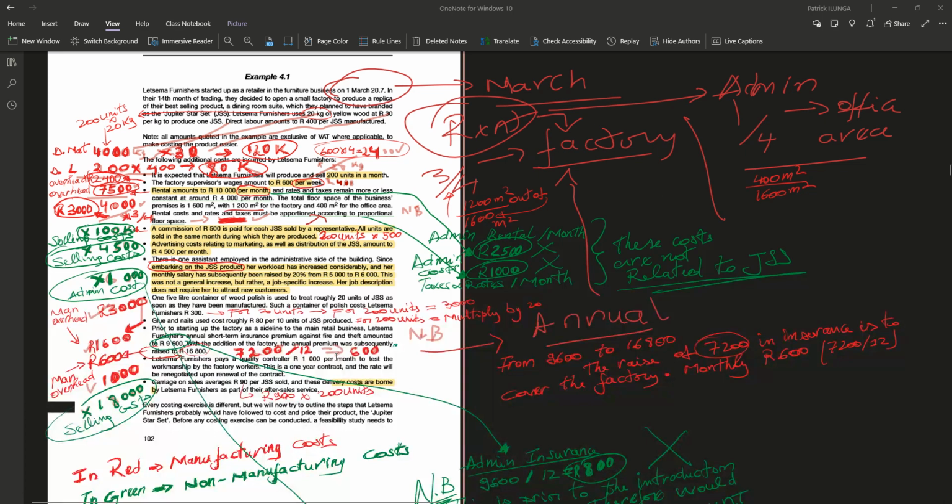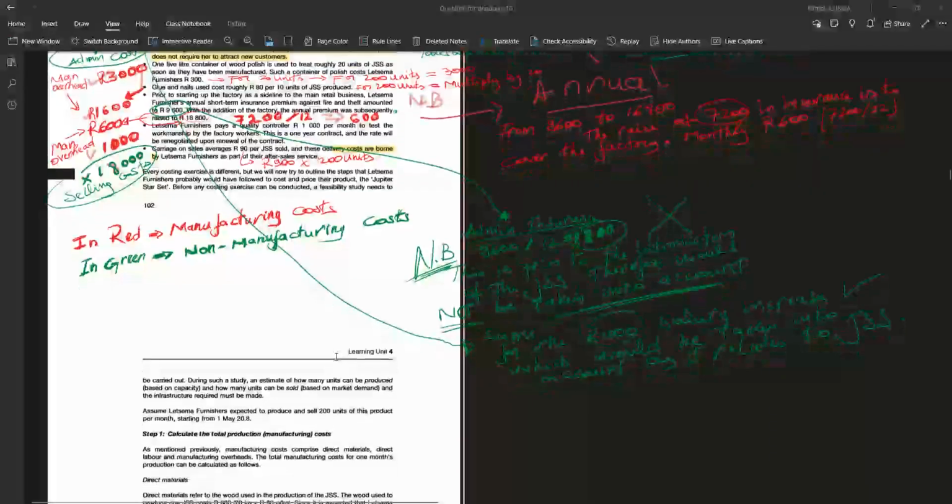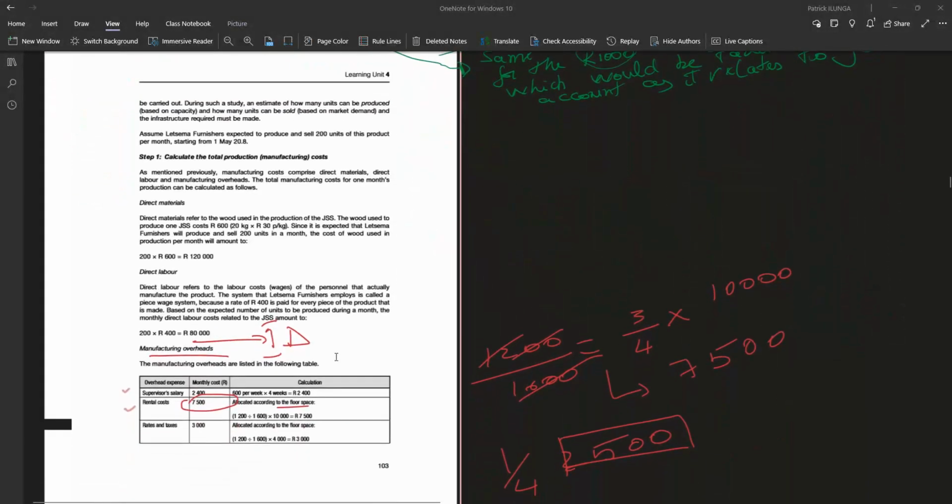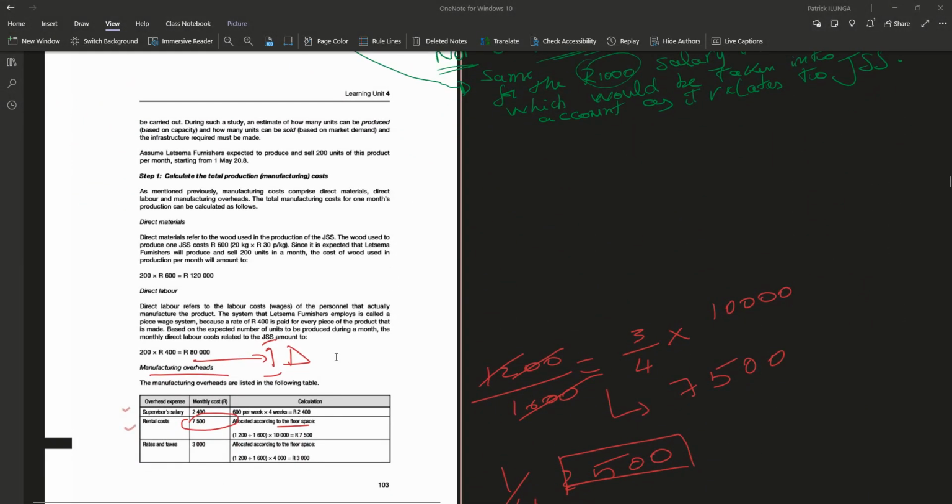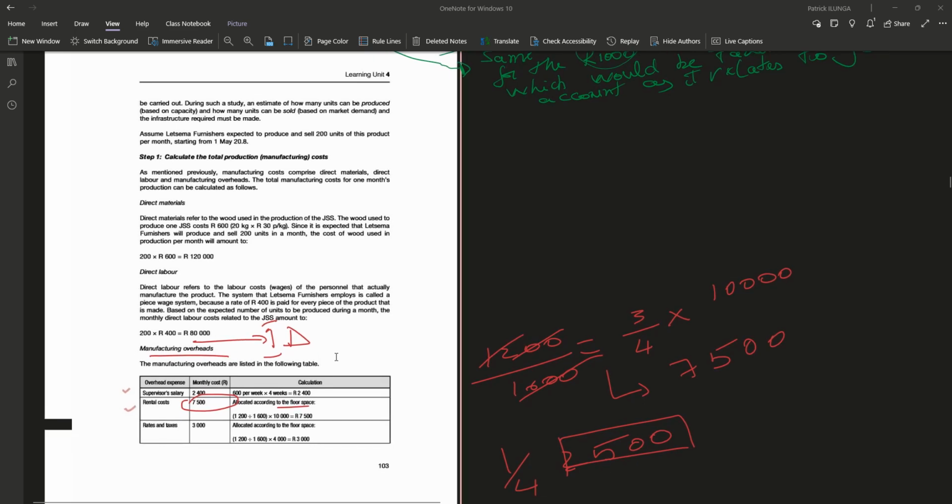And the solution to this is here, right? So the solution on page 103, well detailed. Whatever we've done here is here. Direct material, the amount that we found is there. Direct labor, 200 units, 400 per unit is 80,000.